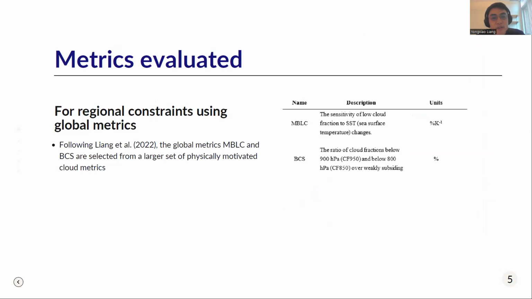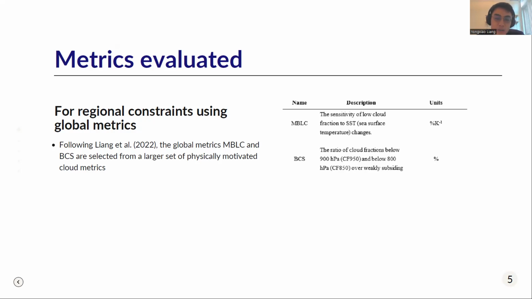So the first important thing is to find a metric that has a clear physical basis to explain the model difference of the projected warming. Previous studies tell us that for CMIP6 or CMIP5, the model difference of the projected warming can be well explained by cloud physics, as models have a significant model difference of the cloud feedbacks.